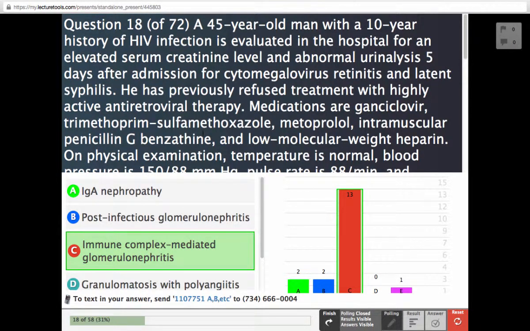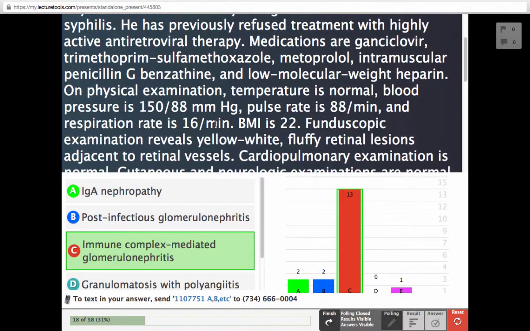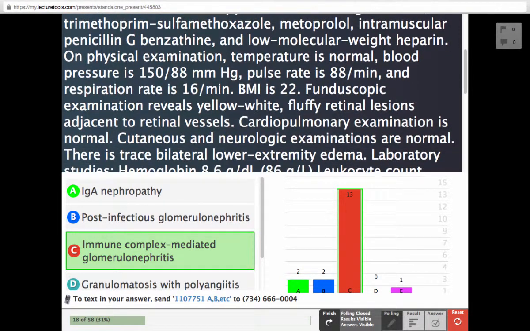Okay, so Shivani, what do you think? So this patient has HIV and he has AIDS, and he had an AIDS-like illness. On his exam, he's shown signs of a glomerular issue. He has lower extremity edema, and he was hypertensive.